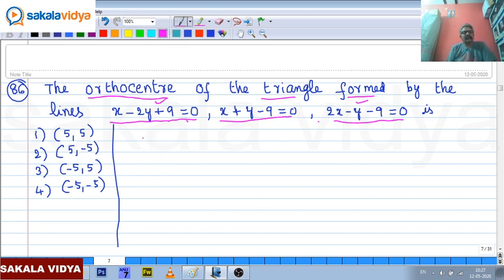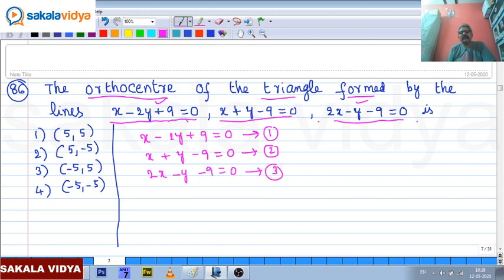Say first equation x minus 2y plus 9 is equal to 0. Say equation 1. Second equation x plus y minus 9 is equal to 0. Third equation 2x minus y minus 9 equals to 0.